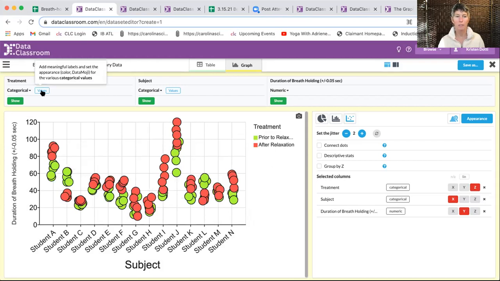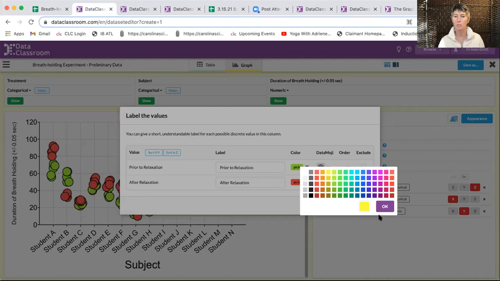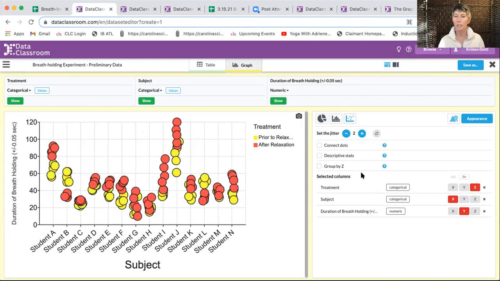And I'm not wild about that color. I'm going to change that color to something a little gentler. And then I want to see my descriptive statistics because I want to see, is there a difference between these groups ultimately? And so I want to first look at my standard deviation for each student.